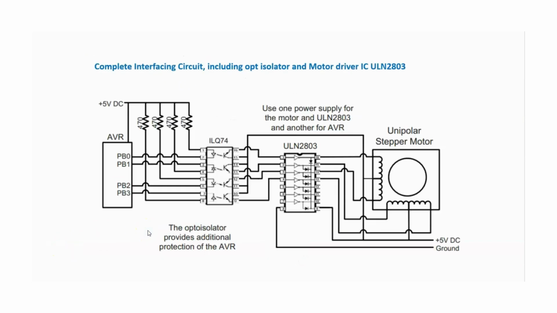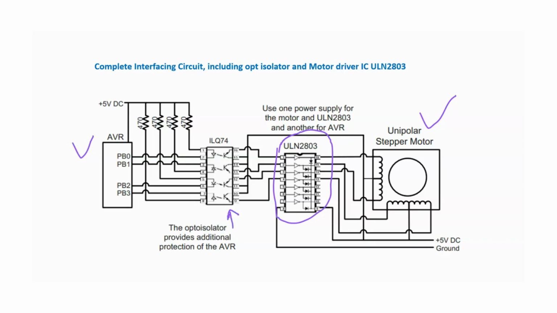Next we go through this circuit, which is the complete circuit for interfacing a motor with the AVR microcontroller. Why is it complete? Here we can see that in addition to the motor driver, which provides higher current to move the stepper motor from the AVR microcontroller, we have also used an opto-isolator. The opto-isolator is another IC.